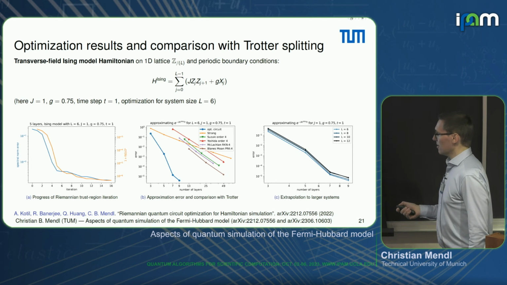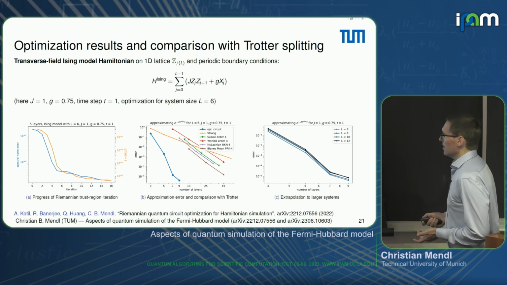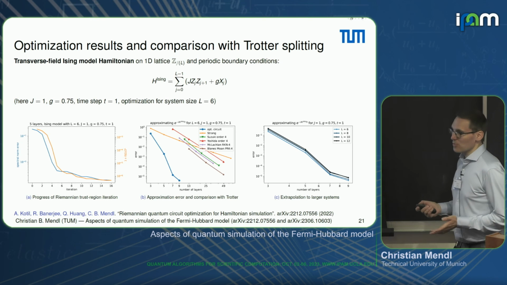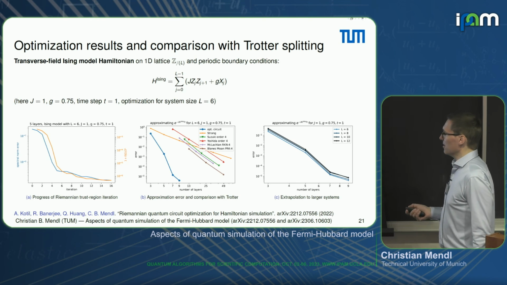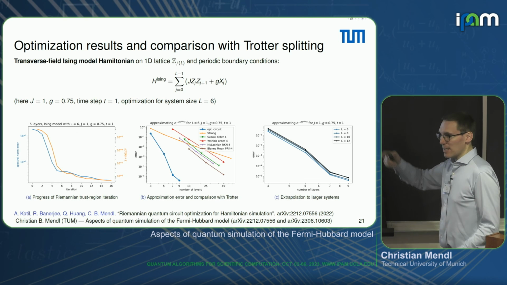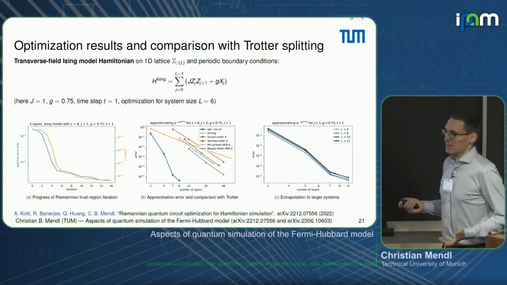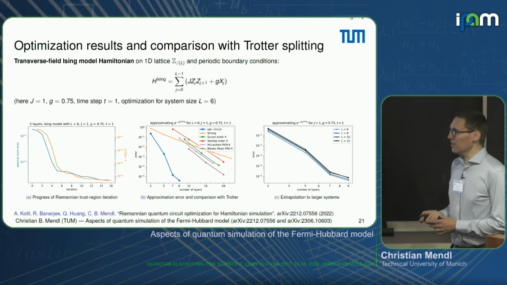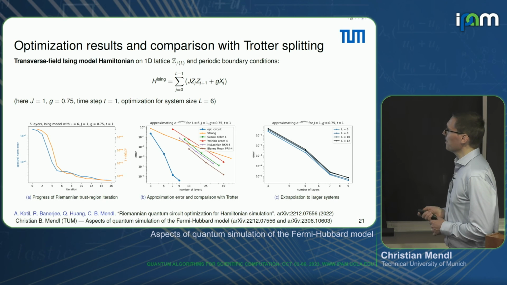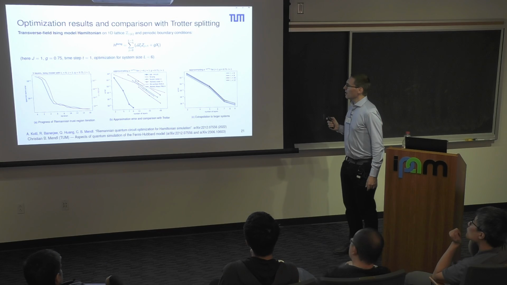And the point is that the error hardly changes, right? So this is, at least it's not a proof, of course, but a confirmation of this intuition that if you use the same gates for larger systems, the error essentially does not change. So you can use that for larger systems as well. Yeah, so that's basically the story here.